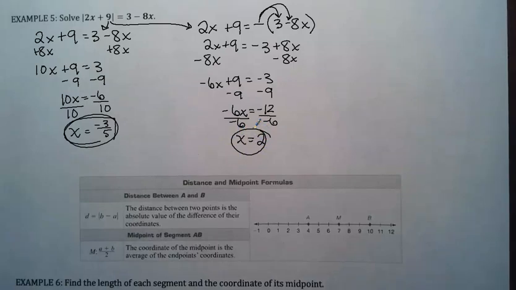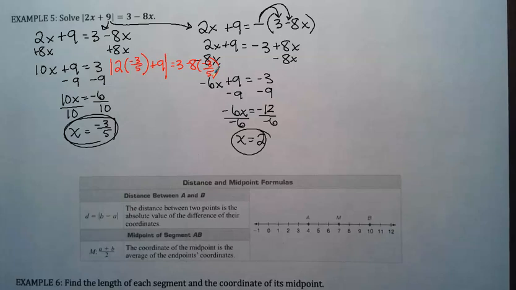Okay, so we've got our answers. Now we're ready for the final step, to check them. We've got the absolute value of 2 times negative 3/5 plus 9 equals 3 minus 8 times negative 3/5. I hope you guys have more room than I do.